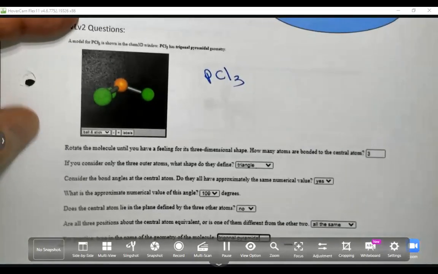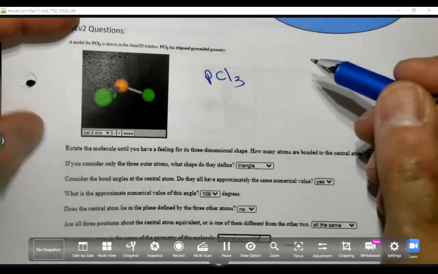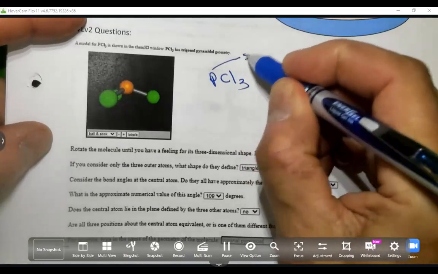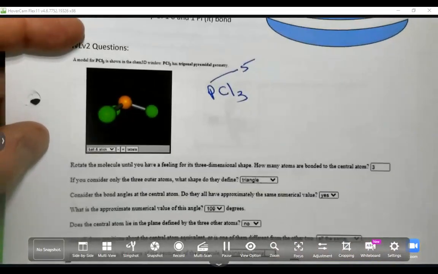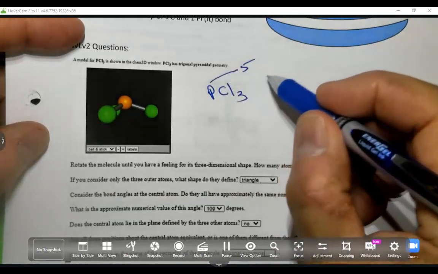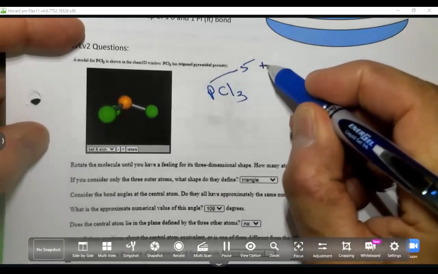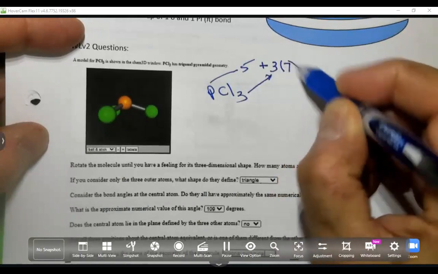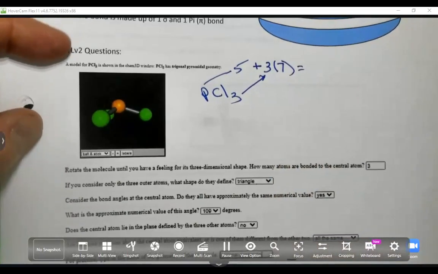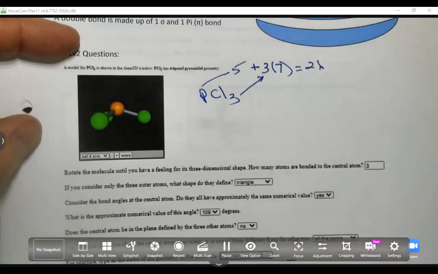Maybe we should do that quick. Phosphorus, how many valence electrons for phosphorus? 5. And then we would have plus 3 times 7. We would get 26.